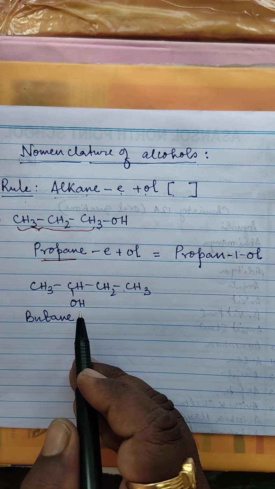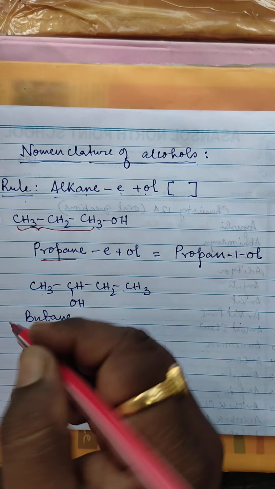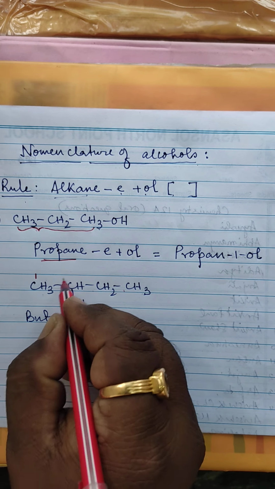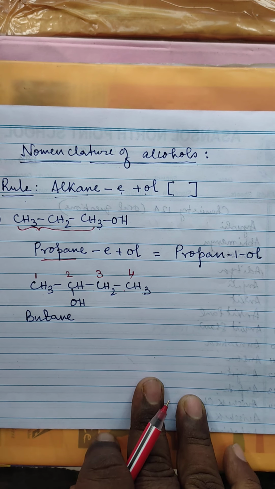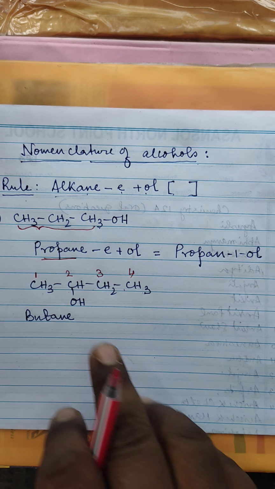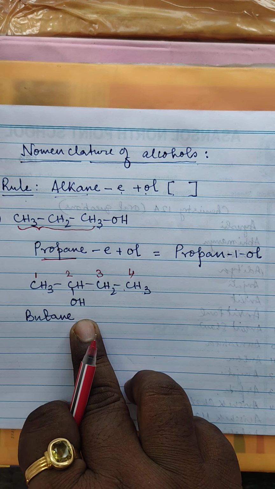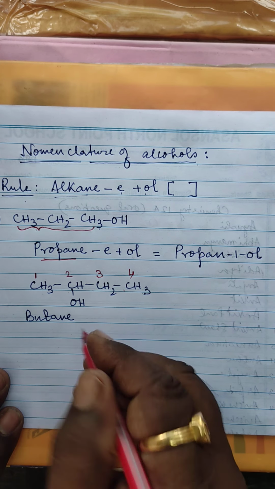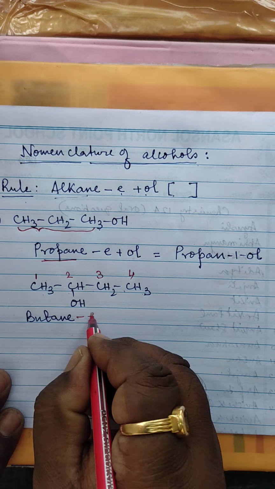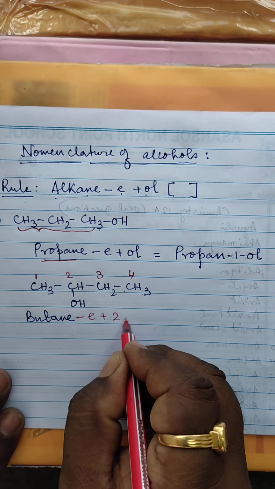Now, what is the location of OH? I should start the numbering from here: number 1, number 2, number 3, number 4. Always number so that the OH gets the least number. So, in this case, we have butane minus E plus 2 OL.